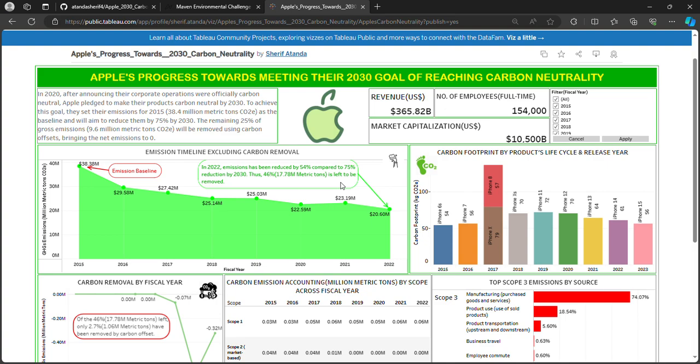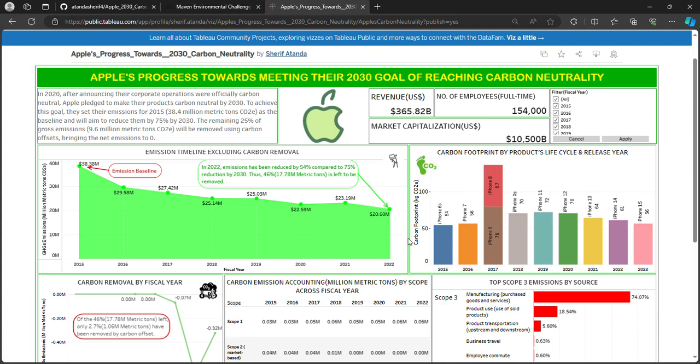Earlier, I said they plan to reduce emissions from 2015 to 2030, setting 2015 as their baseline. They plan to reduce it by 75%. But so far, by performing some analysis, they've been able to reduce this by 54% and not 75%.